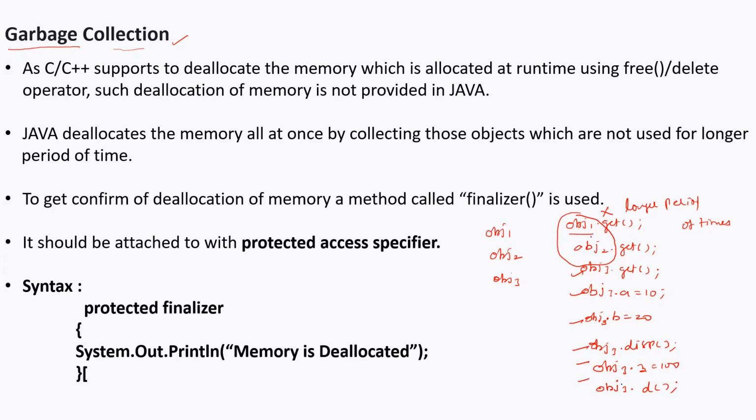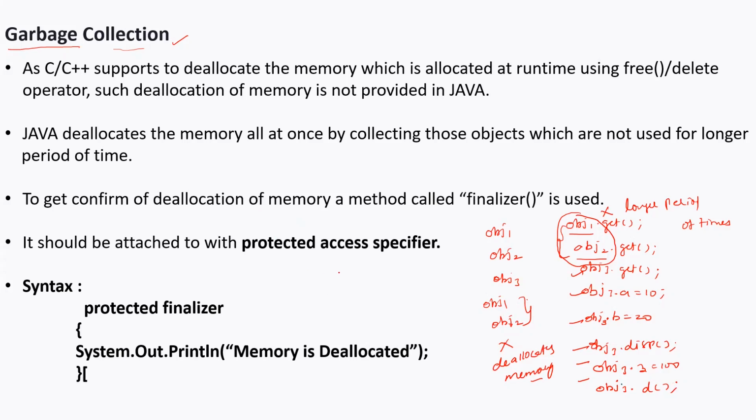In this case, obj1 and obj2 are the two objects not used for a longer period of time. So garbage collection is going to collect obj1 and obj2 and deallocate the memory for these two objects. Is that point clear? Thus the memory for these two objects will be collected and deallocated. This is called garbage collection.